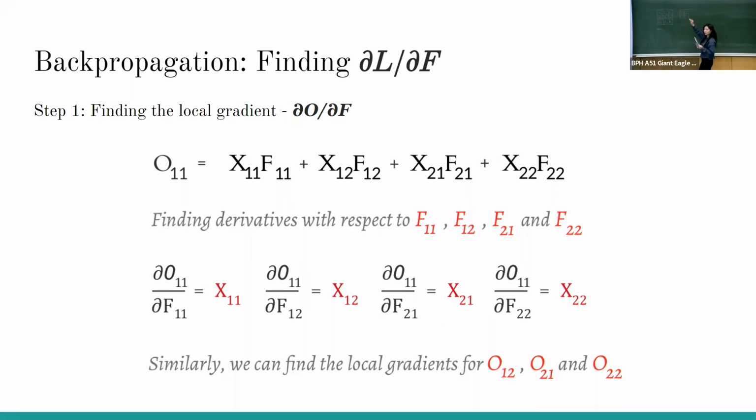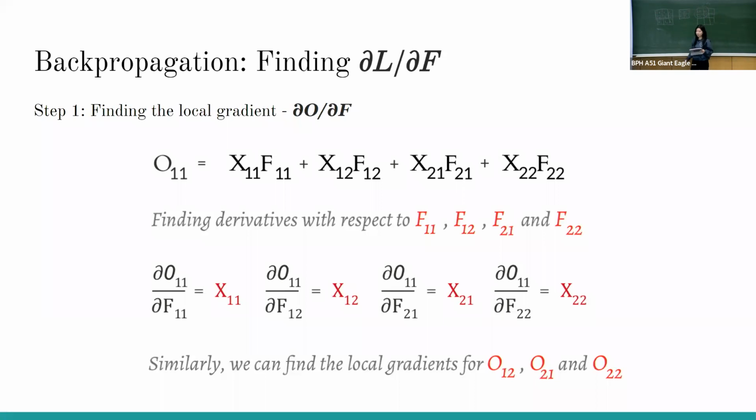If we convolve these two together, we'll get an output matrix O, which is again 3x3. But I'll first just consider our output O11, which is done by convolving this part here with this filter here. So we'll have x11 f11, x12 f12, x21 f21, and x22 f22. So this is our output here.